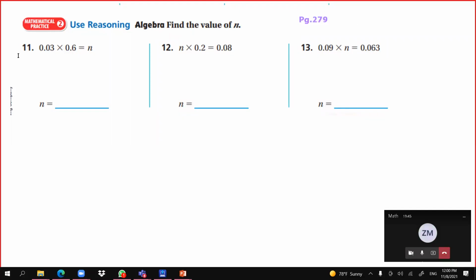Now number 11, Lana. Yes, Lana. 0.03 times 0.6 equals n. So what's the value of n?